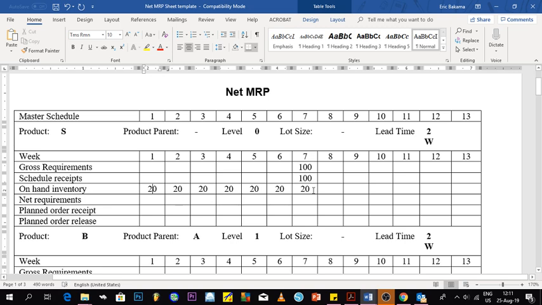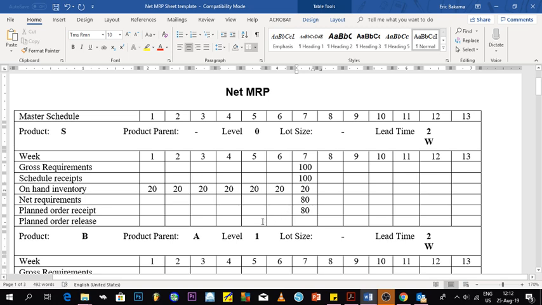Now the customer wanted 100 items, we have 20 in stock, so we won't produce 100 because we have 20 in stock. We'll produce 80, which is 100 minus 20. Then the lead time is 2 weeks. We will also put the 80 here. That means this is what we will receive, but what we release is 2 weeks backward.